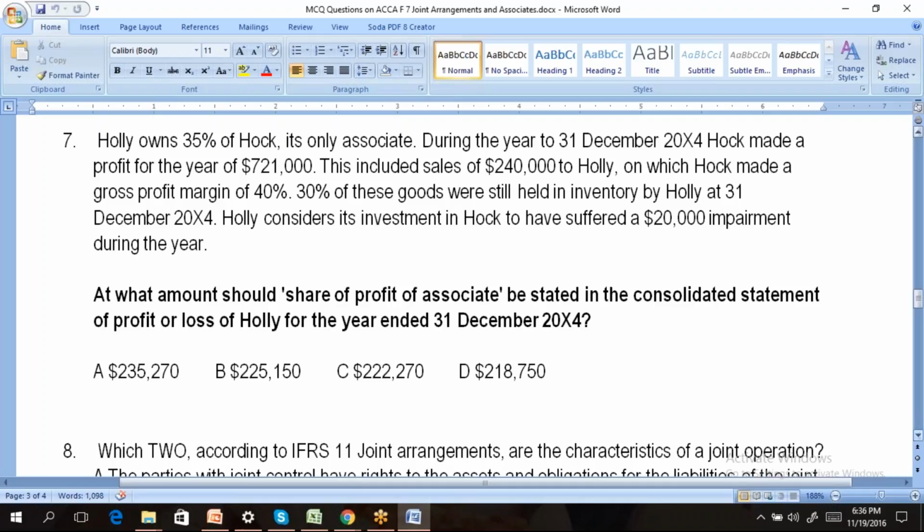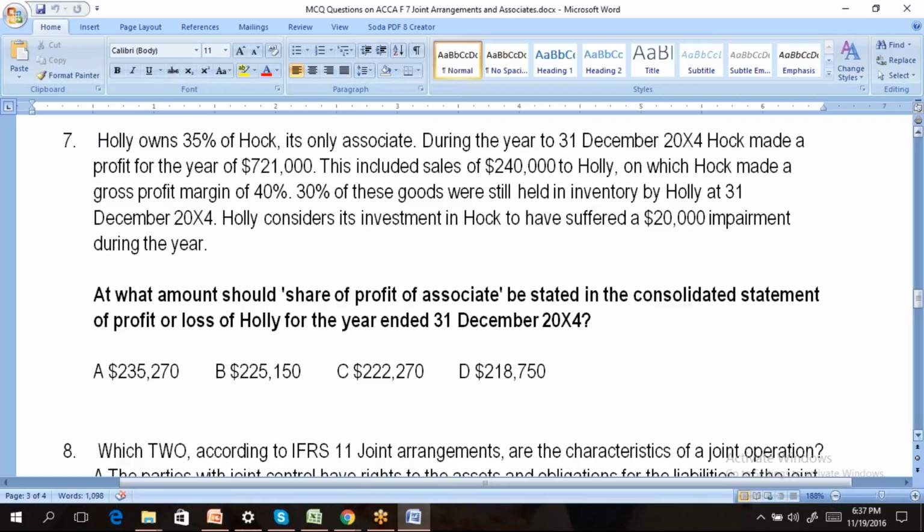So we would have the profit of 721, we take our share of 35%.